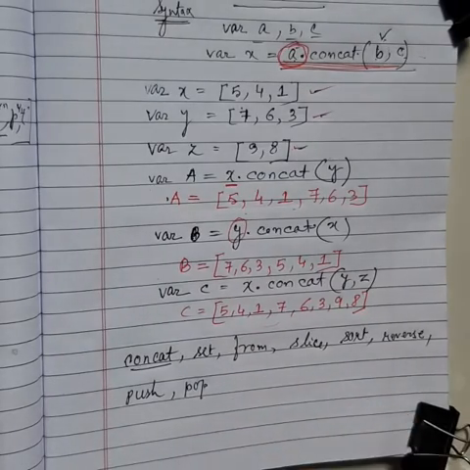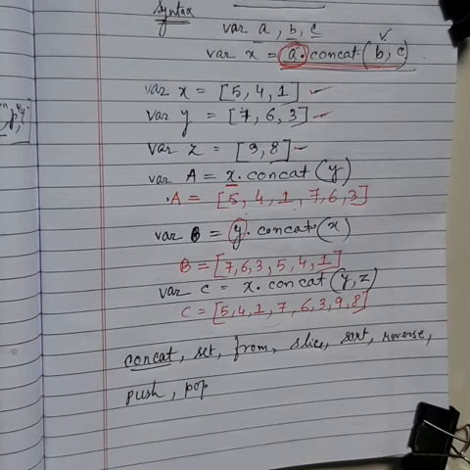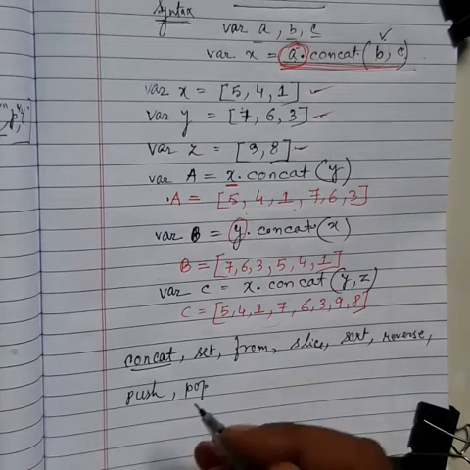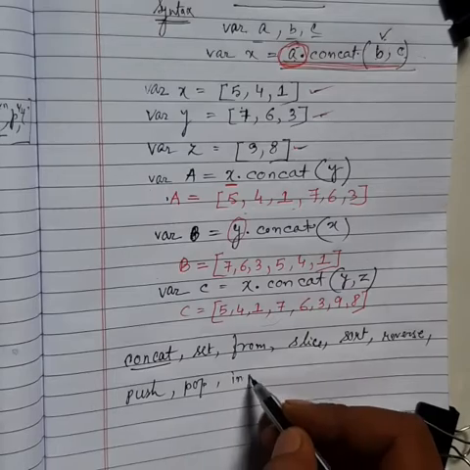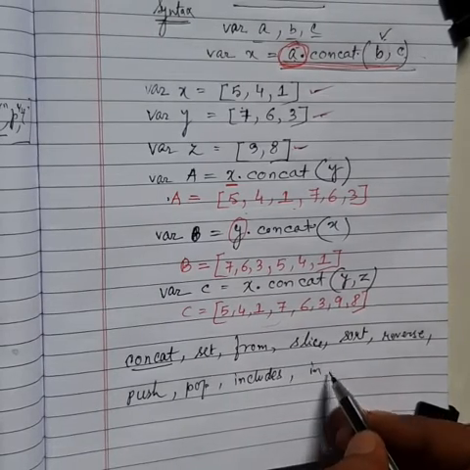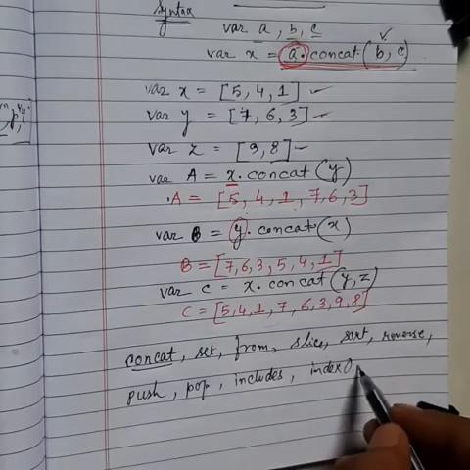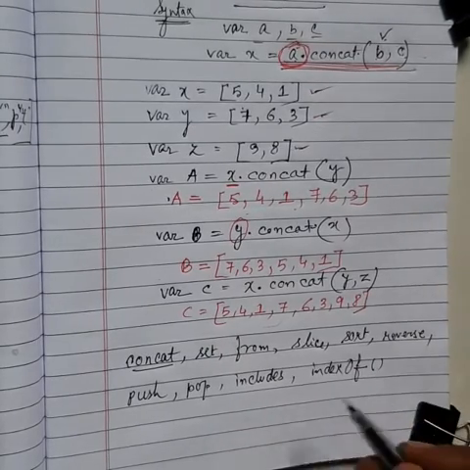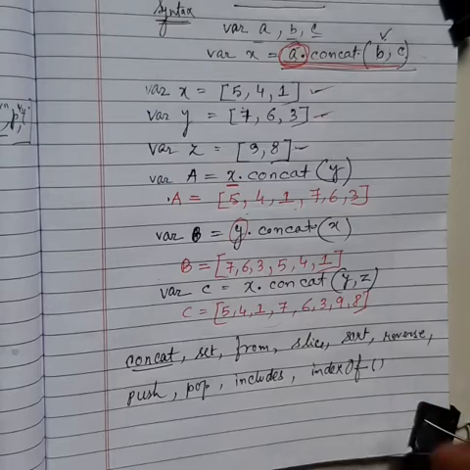These are the methods that we have already discussed, and two more are there: includes method, and another is indexOf. So these are the methods that we have discussed so far.